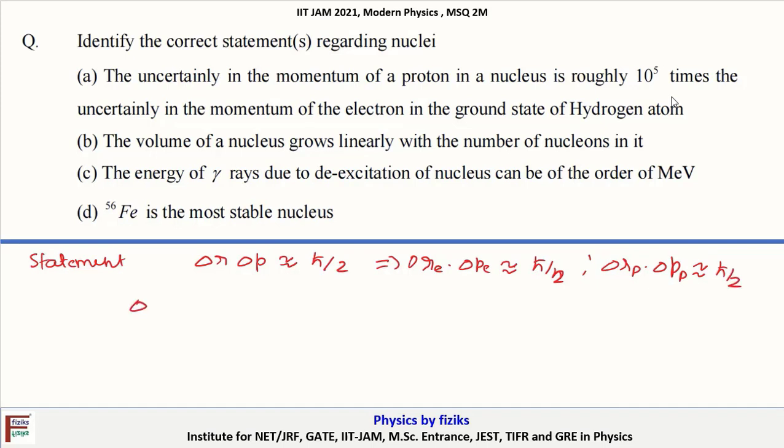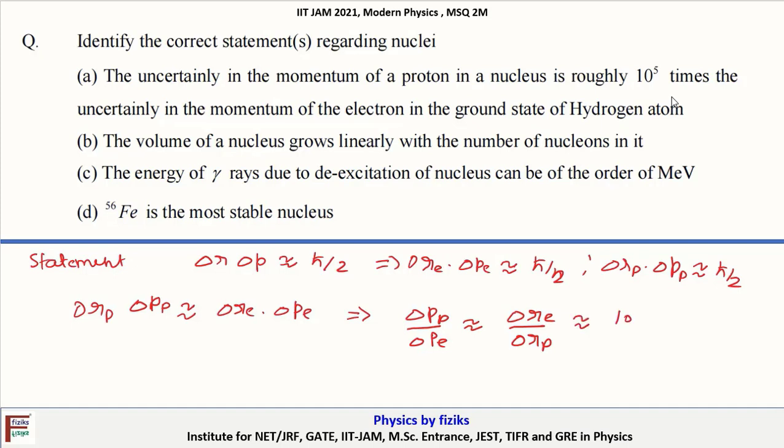That means delta P of P and delta R of P is equal to delta R of E into delta P of E. That means delta P of P over delta P of E is equal to delta R of E over delta R of P. We know the radius of the electron is of the order 10 to the power minus 10 meter, and for the proton 10 to the power minus 15 meter.